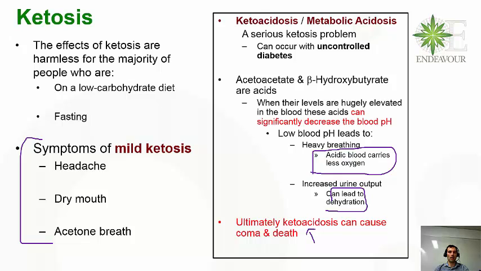Things like the brain can only use glucose and ketone bodies as fuels. So by having very low carbohydrate diets or completely cutting it out, you open yourself up to dangers such as ketosis and, in extreme situations, ketoacidosis.